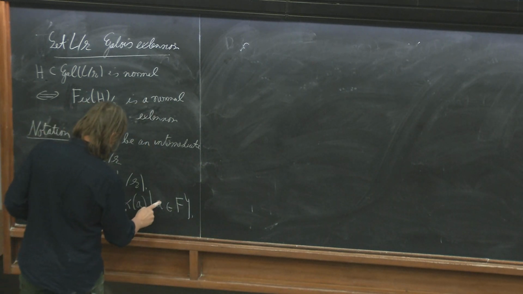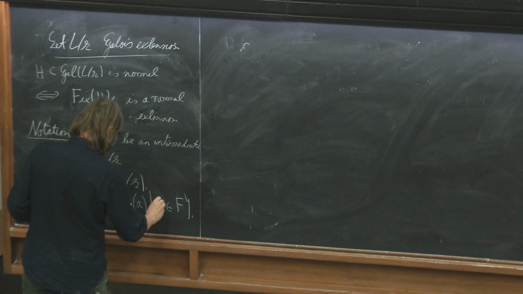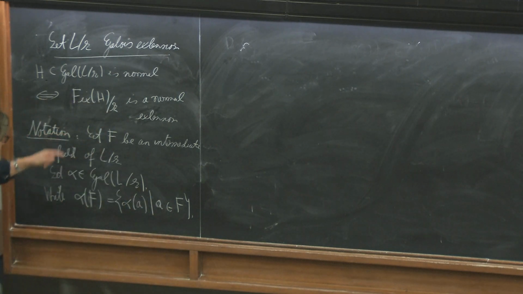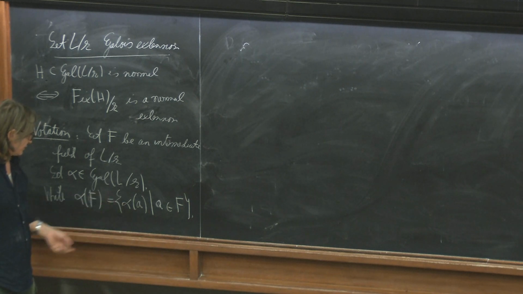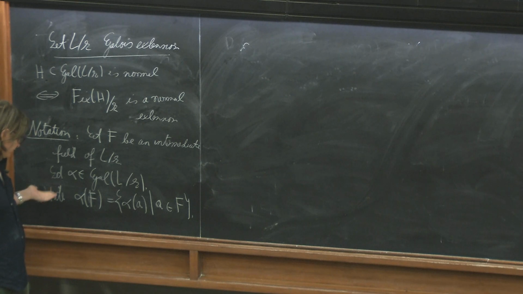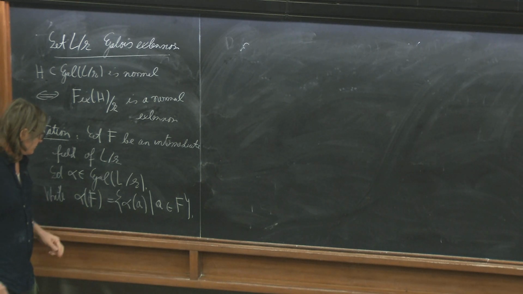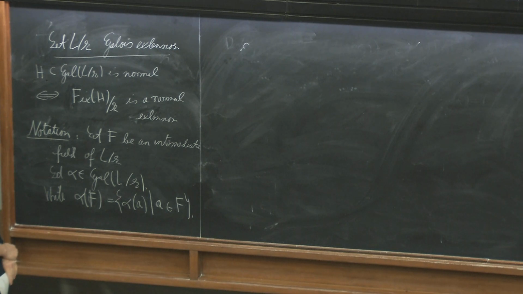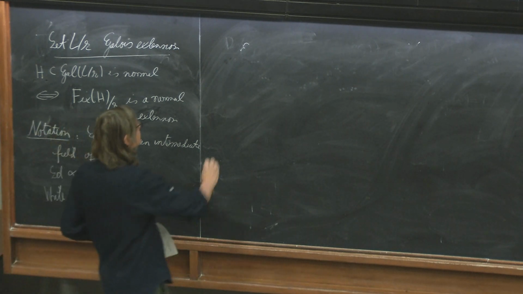So we just can apply our element in the Galois group to any element in the intermediate field. Now, you can see if you apply alpha to a sum, you get the sum of the alpha of the things. If you apply it to a product, you get the product, or for the difference or the quotient. So alpha of F is an intermediate field of L over K.